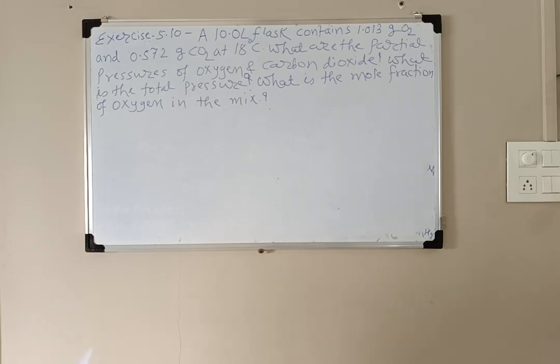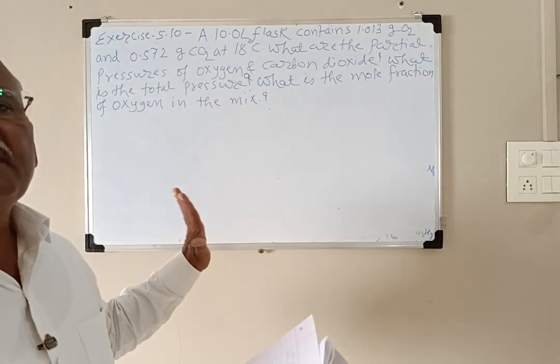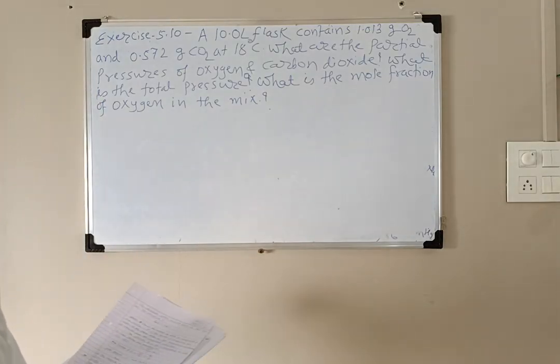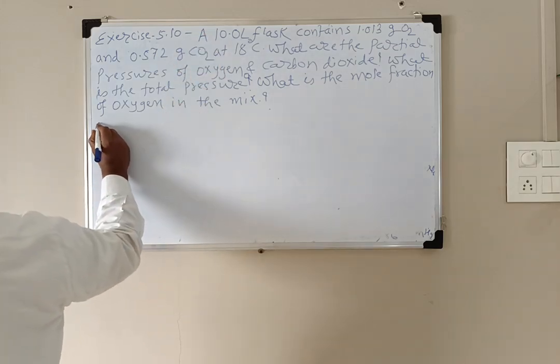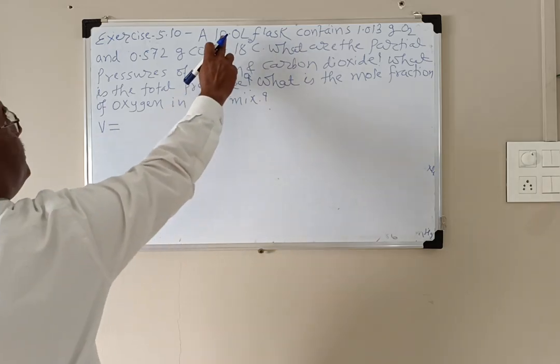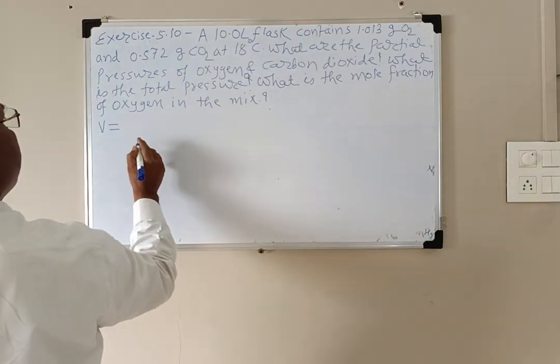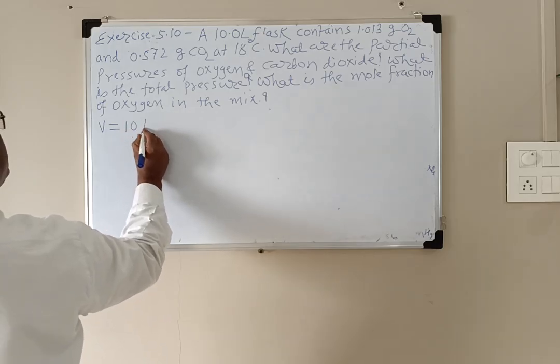Read the problem carefully and write down the given quantities or the given data. So a 10-liter flask, that means volume is given, V is equal to, instead of writing 10.0, for our simplicity I write only 10 liter.